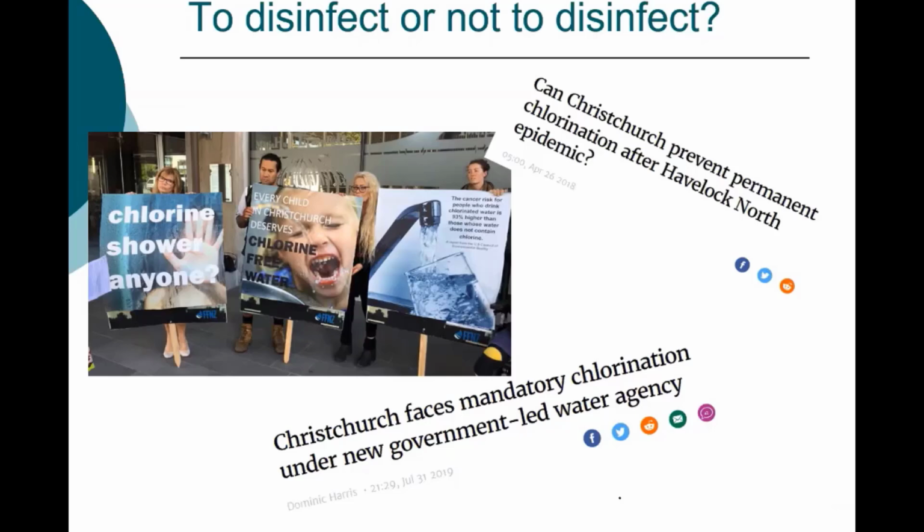Christchurch was using groundwater. It had about 57 pump stations. It pumped water directly from those pump stations into the distribution system without treatment. No corrosion control, no chlorination.